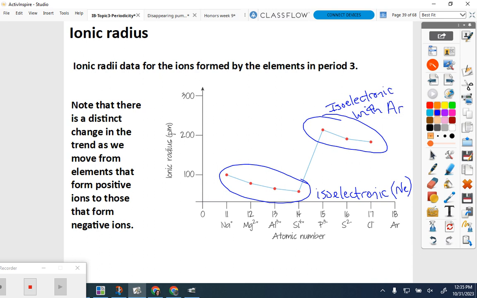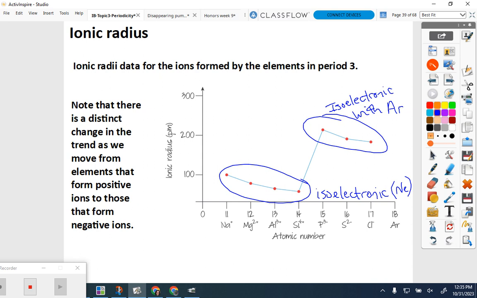So we have a whole other full energy level, or full octet anyway, in the outer shell here. Rather than having electrons in 2 energy levels, here we have electrons in 3 energy levels. So we see this big jump.